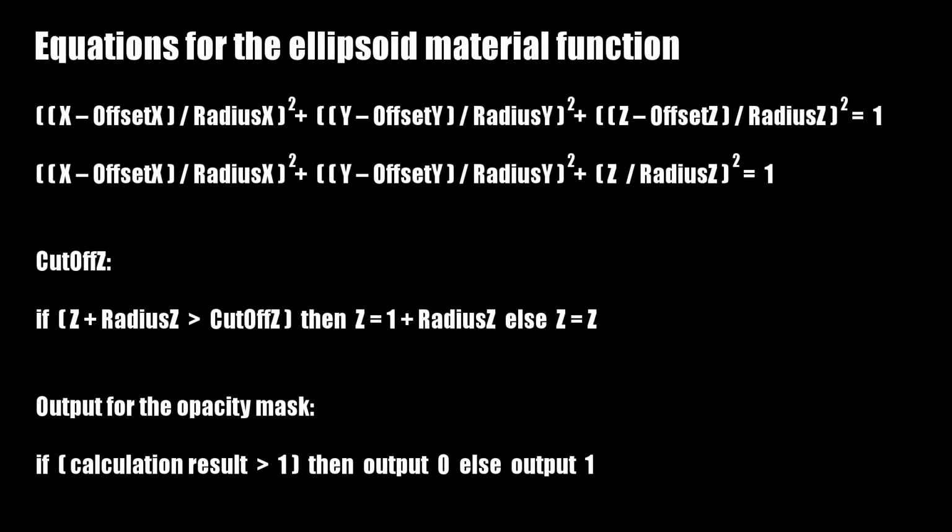Note that the z's inside the ellipsoid extend from minus radius z to plus radius z. So by adding 1 to radius z, we are pretty sure it's outside the ellipsoid. When all is calculated, we simply output 1 for all points inside the equation adjusted for the cutoff. Everything else is 0.